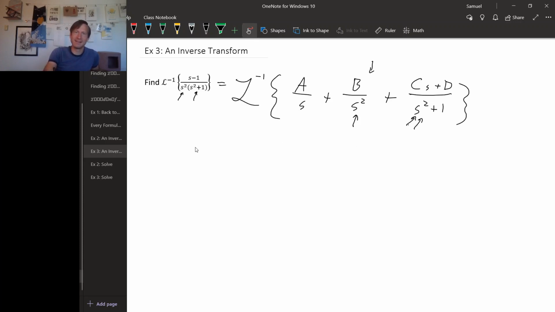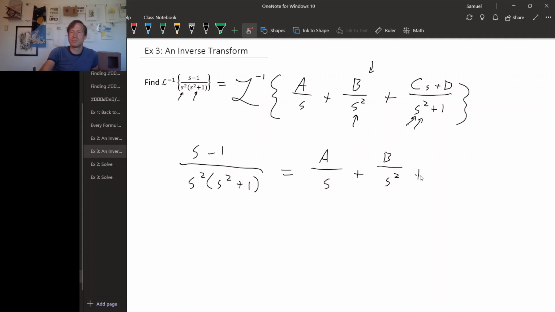So let's do that. To actually find this partial fractions decomposition, we have s minus 1 over s squared times s squared plus 1. We know that for some choices of a, b, c, and d, this has to be equal to a over s plus b over s squared plus cs plus d over s squared plus 1.